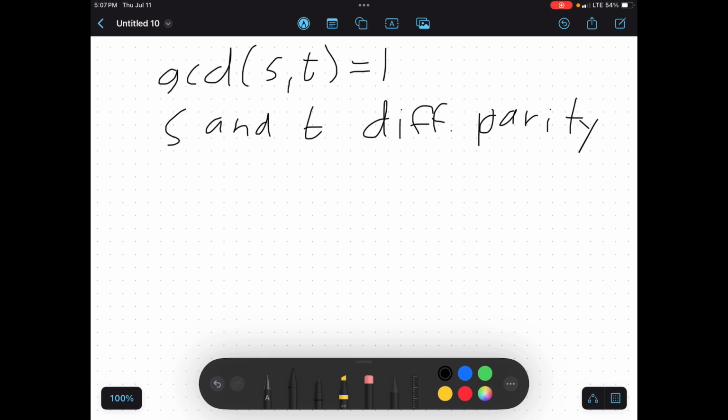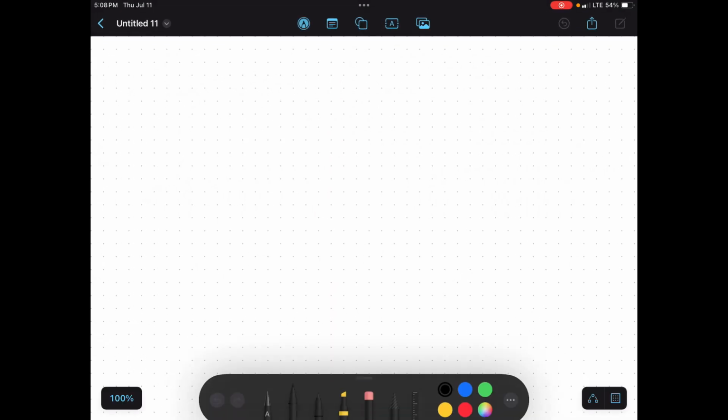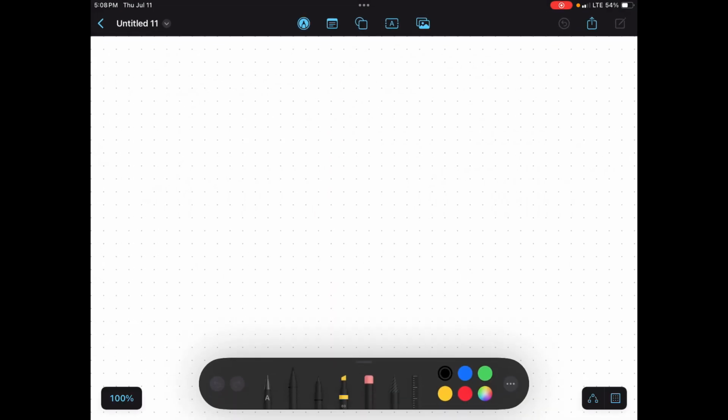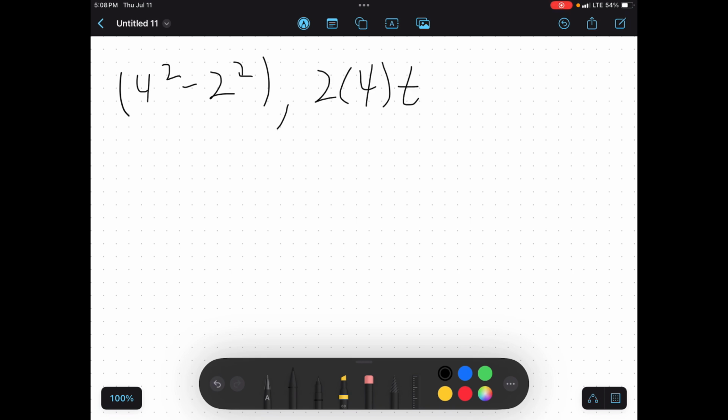So I would like to use 4 and 2. If I use s is equal to 4, my values then are 4 squared minus 2 squared, 2 times 4 times 2, oops, I wrote a t, and 4 squared plus 2 squared.